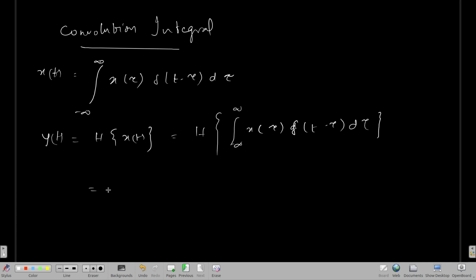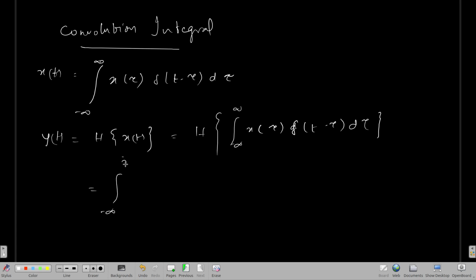Now since this is a linear system, I can change the order of operation. So I am bringing this out, and I am applying H to the delta function.